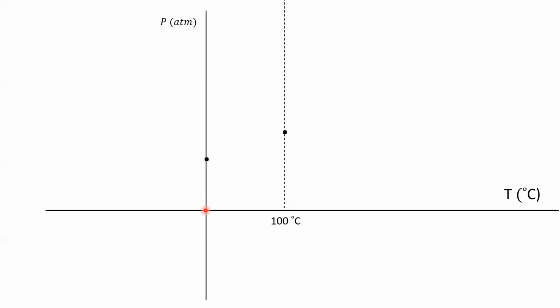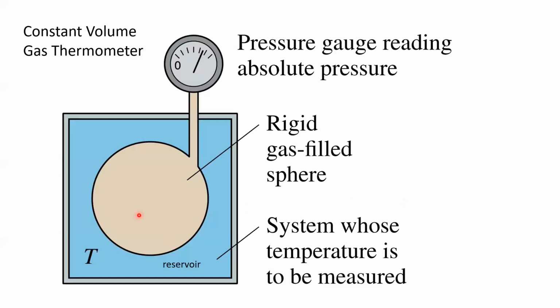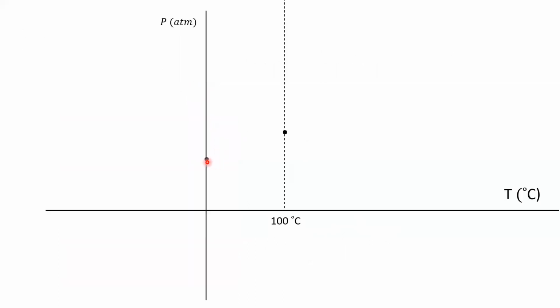And because those particles of gas are bouncing around in here, exerting pressure on the walls of their container and on whatever the mechanism is inside the gauge, you'll read a particular pressure off the dial. So there is a particular pressure associated with 0 degrees Celsius. That's one data point on the graph here.